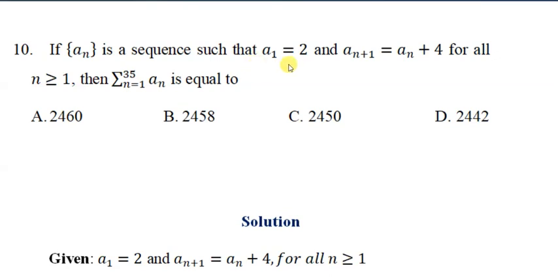Now, this formula is written recursively, but what we know is the following. For a sequence to be an arithmetic sequence, a(n+1) minus an, since the two are consecutive or successive terms, always gives us the common difference.